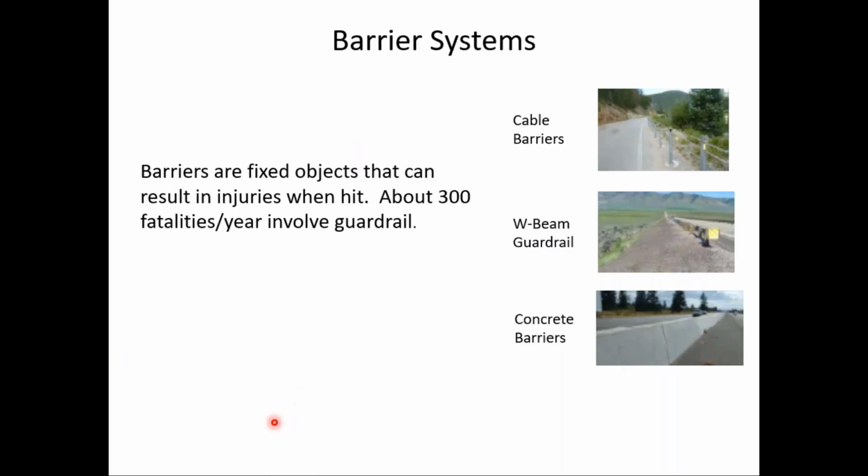And as I keep saying, barriers are fixed object obstacles themselves. They can cause harm when they're struck. And the numbers show that there are about 300 fatalities per year involving guardrail. So to me, we need to be judicious in our use of guardrail and not install unnecessary guardrail.